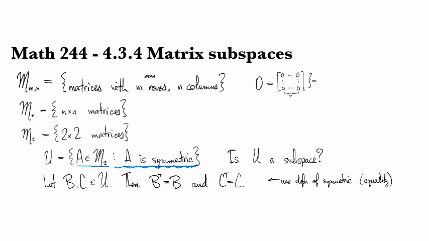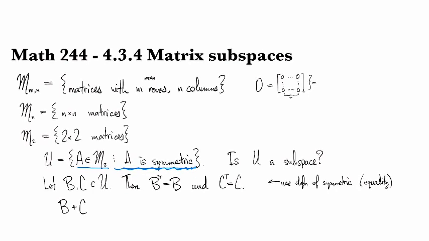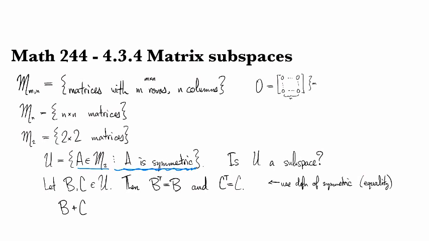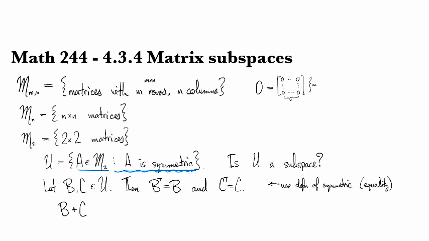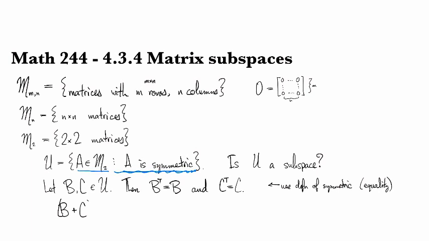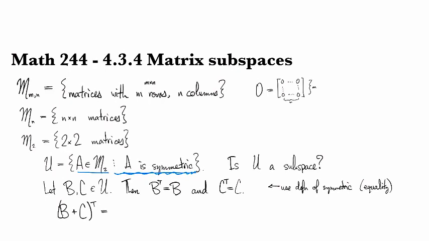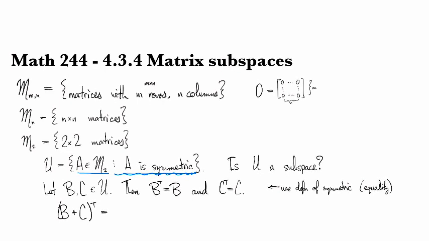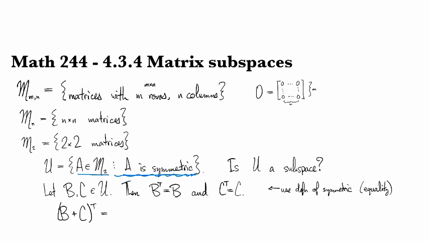Okay, so now for addition, I have to check B plus C. So the question is, is B plus C symmetric? And how do you answer that question? Well, you take its transpose and see what you get. Now we look for some way to manipulate this, and at some point it occurs to you that we had a theorem that tells us I could distribute the transpose.